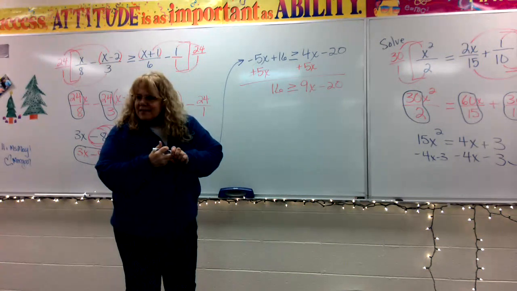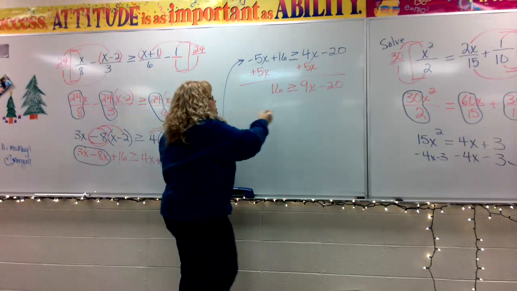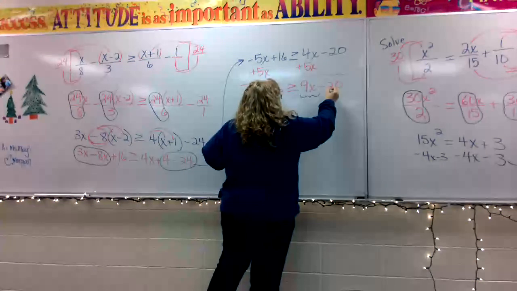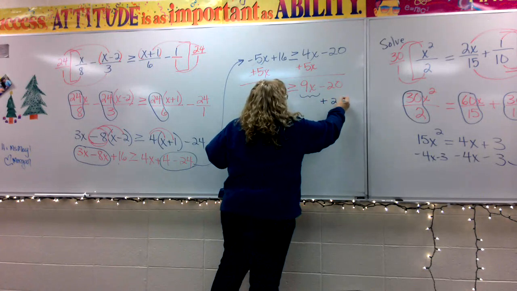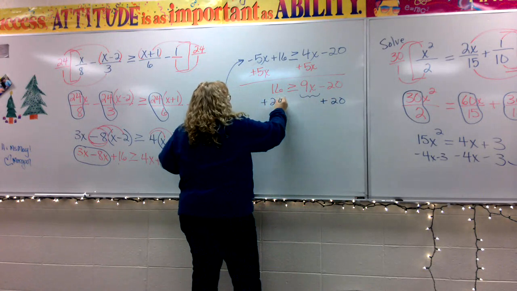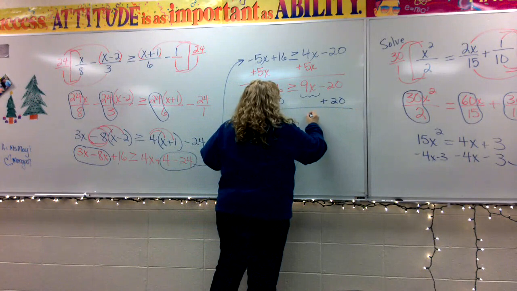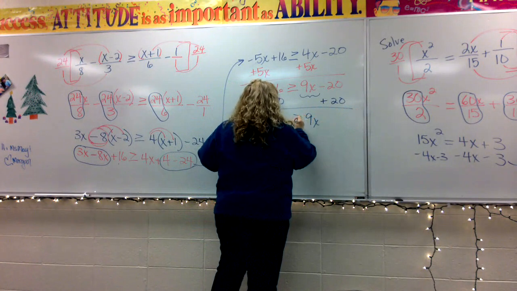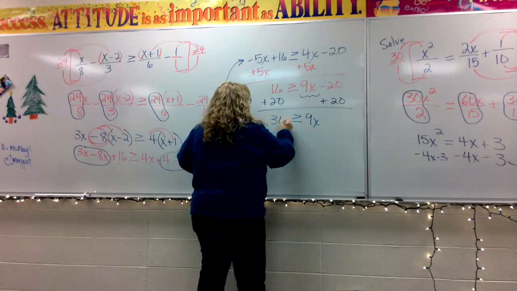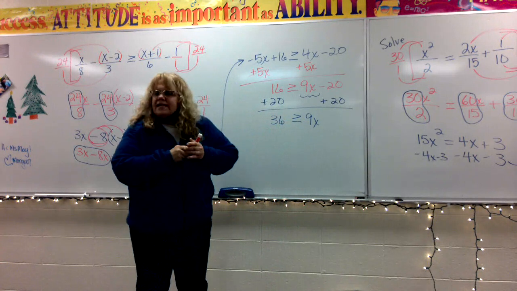Now that I have all the x's together, get rid of the negative 20. So add 20, and I get 9x, 36, right?